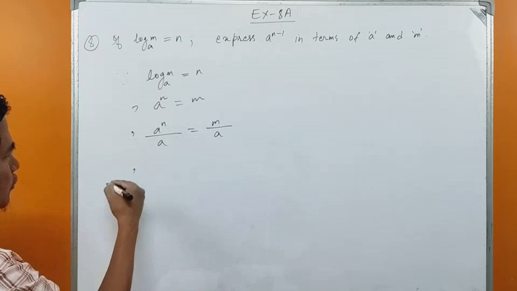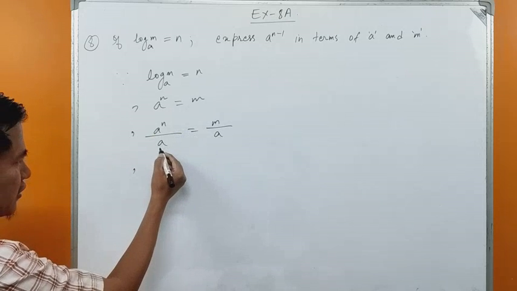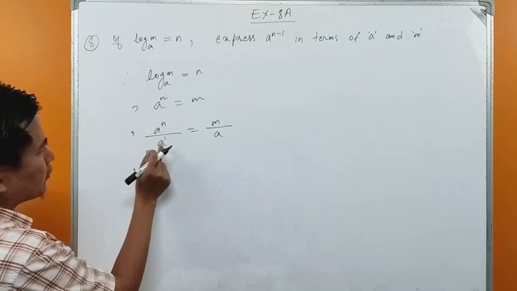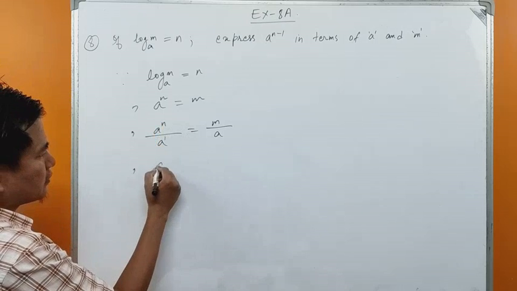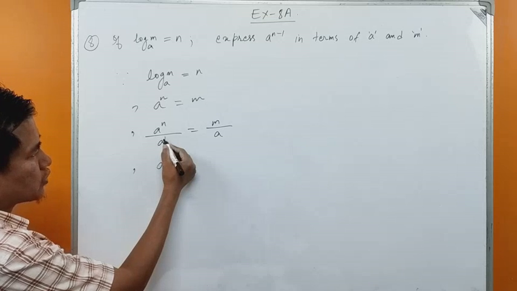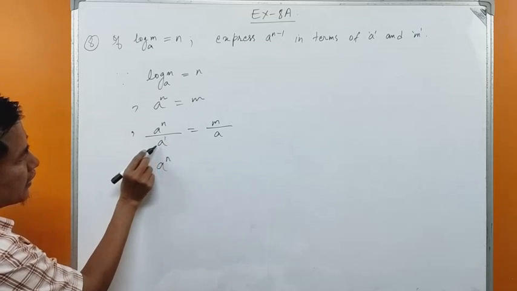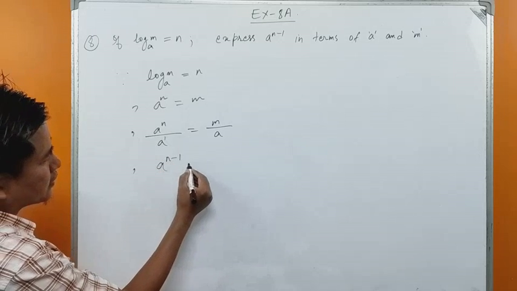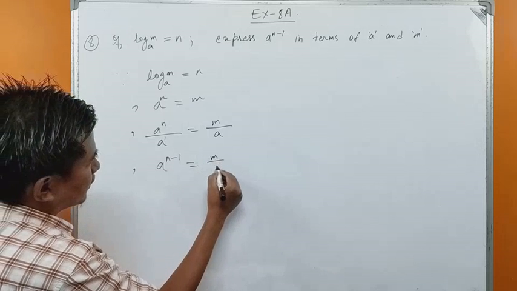The power of this a is 1, so if I take this a to the numerator, the sign of the power changes to minus 1. The bases are equal, a and a, so powers get subtracted: n minus 1 equals m upon a.